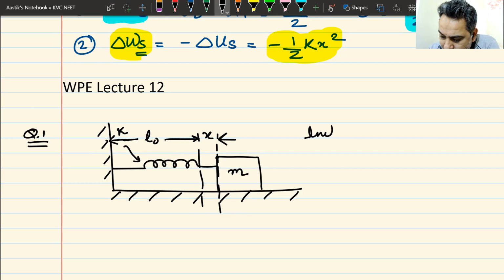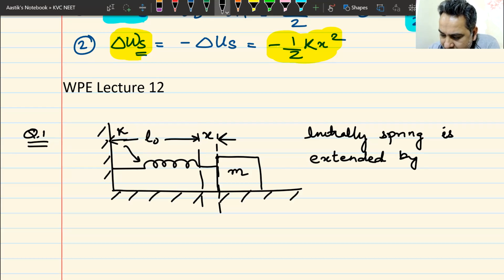Initially, the spring is extended by an amount x. What you have to find out?